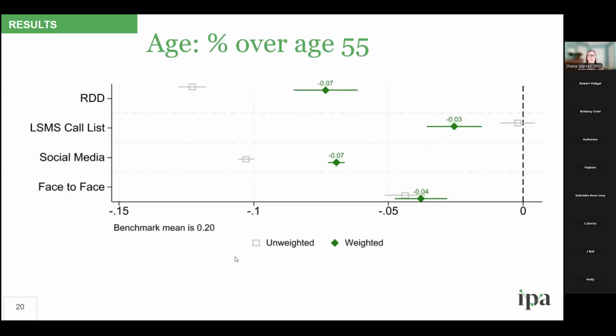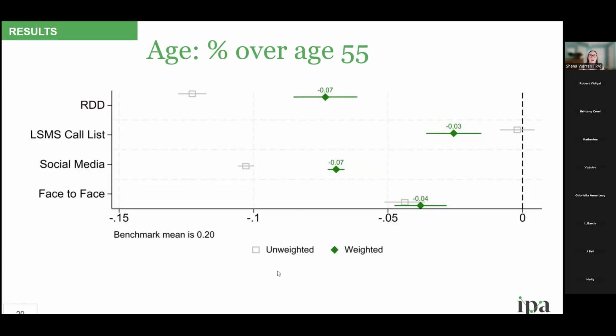We then look at age. Here we binned age into 3 categories. Some surveys had continuous ages and some had bins, so we just binned everyone to make it comparable. So we have an 18 to 34, a 35 to 54, and then a 55 plus category. As is not terribly surprising to most of us, we see that there is a great deal of underrepresentation of the oldest users.